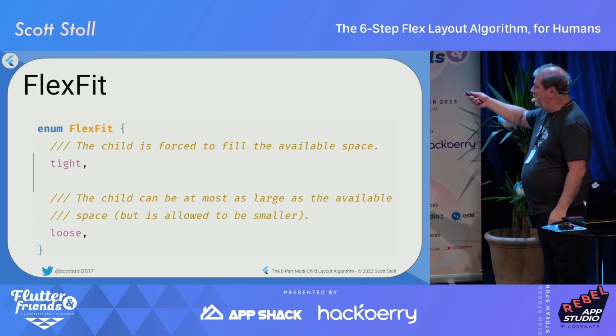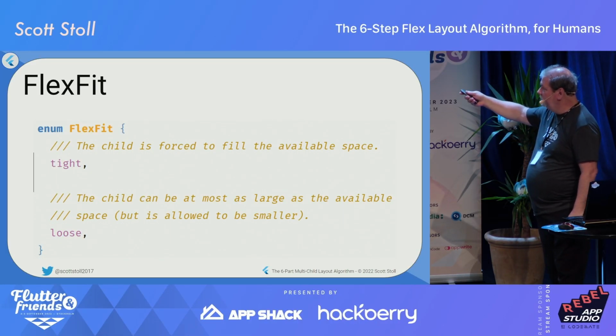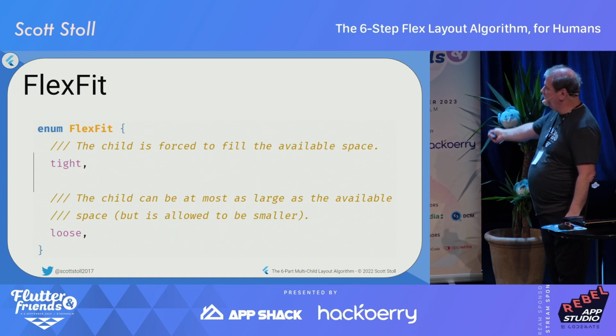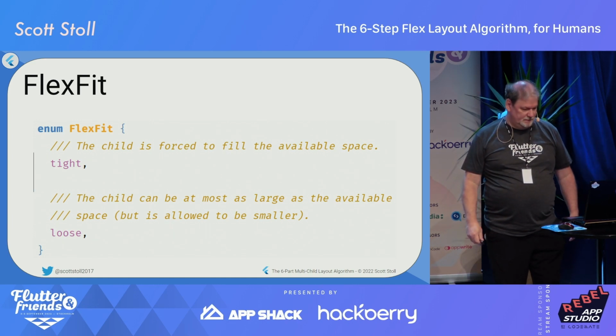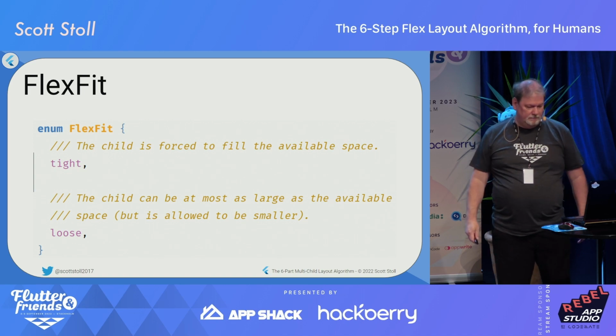All right. So in order to get a little bit better of a handle around that, let's look at the FlexFit enum declaration. The child is forced to fill the available space if you use tight. Okay.